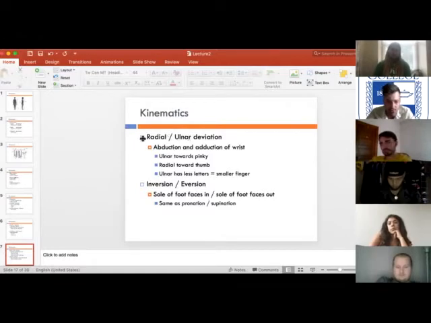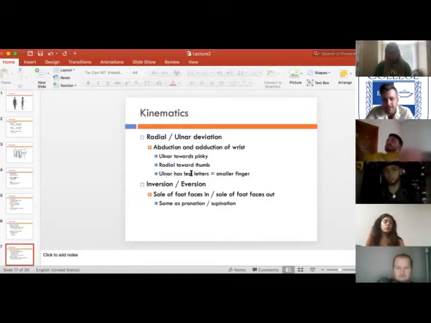Because radial has more letters, I always remember that it's on the bigger finger side. So the radius is towards the thumb, and the ulnar side is the pinky side. The word ulnar has fewer letters, therefore it's on the pinky side.